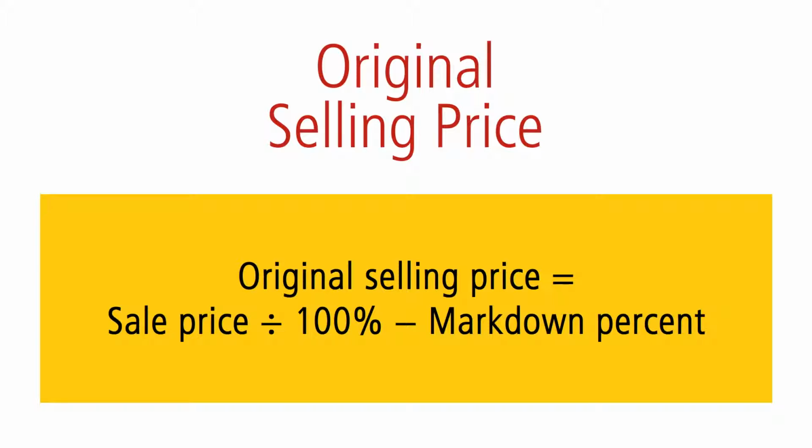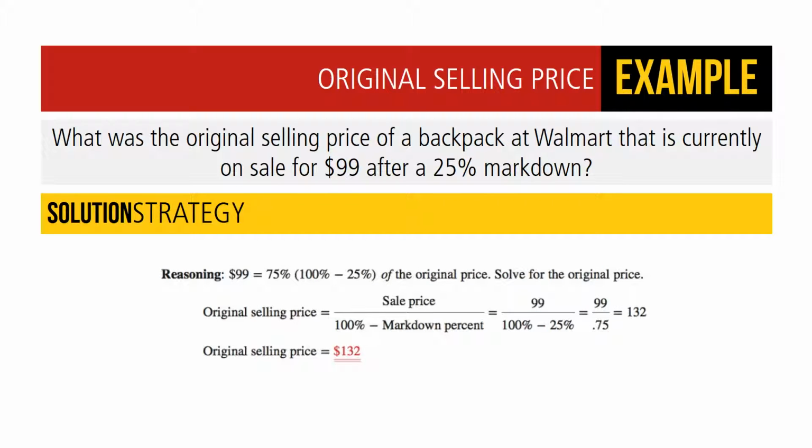Original selling price equals sales price divided by 100% minus markdown percent. For our final markup and markdown example, let's take a look at using that formula to calculate original selling price. What was the original selling price of a backpack at Walmart that was currently on sale for $99 after a 25% markdown? Here's our solution strategy.